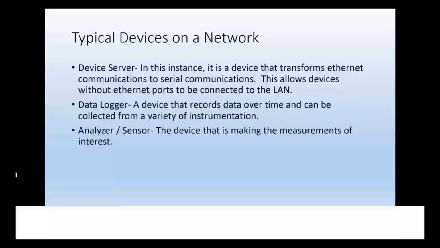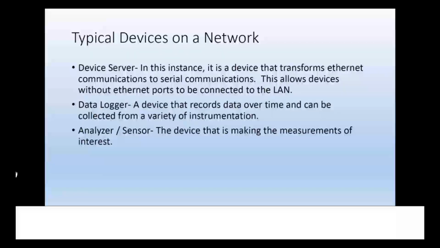Device server, I use that term generically. It's just going to be any device that transforms Ethernet communications to serial communications. This allows devices like Met One BAMs, for example, to be connected to your local area network. Most of the old BAMs only have serial ports. And then you also have your data logger, which Mike has talked about in great detail.